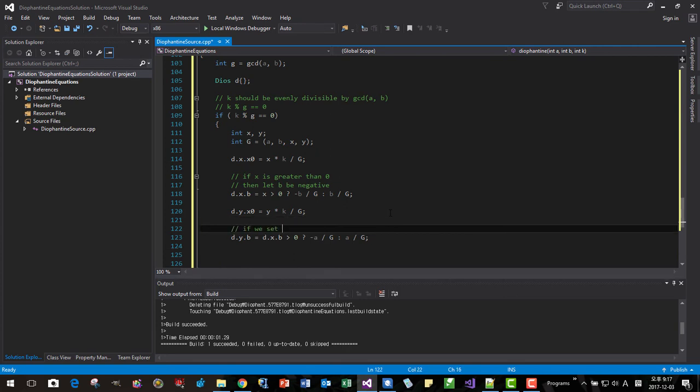If we set x equals x0 minus b over g times n, then we set y would be y0 plus a over g times n.